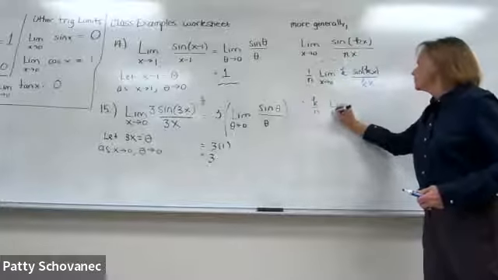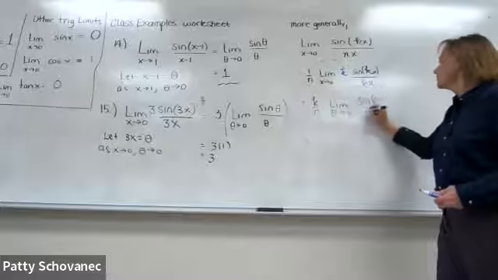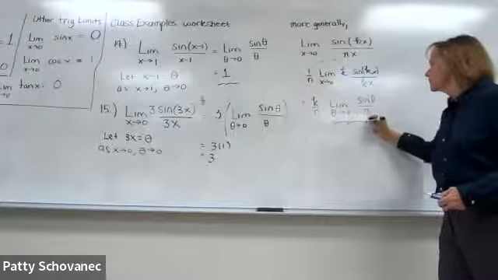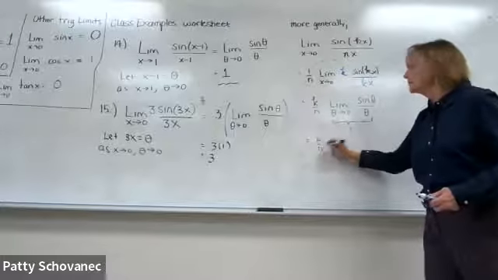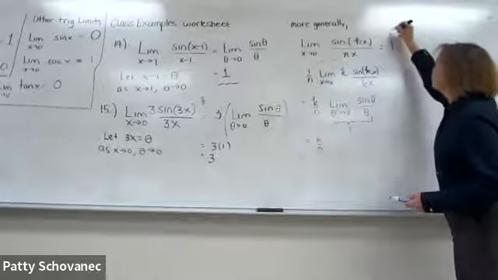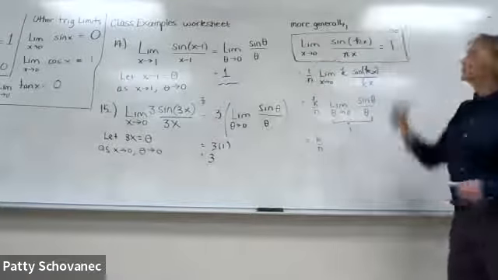Do the change of variable. Get that this limit is equal to 1. And then 1 times k over n is k over n. So if you want to understand those steps, then you can just use that as a general rule.